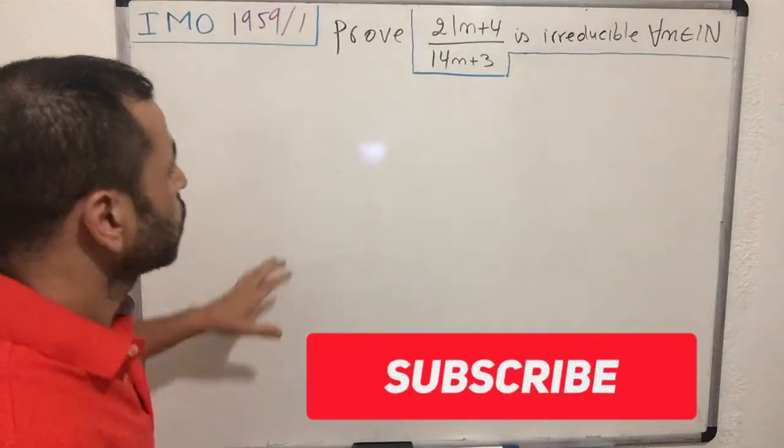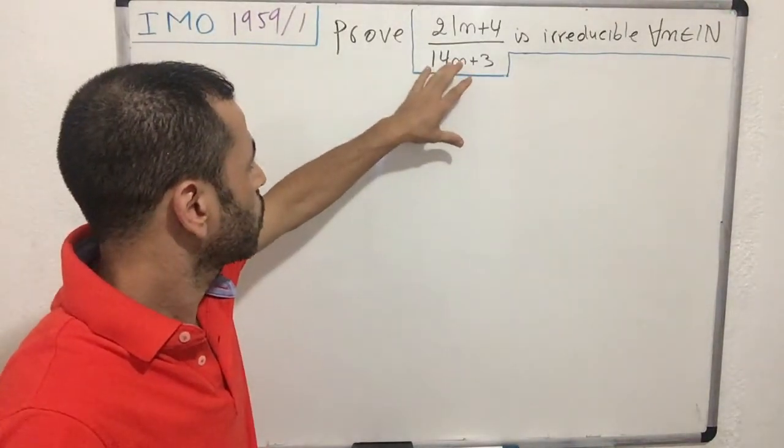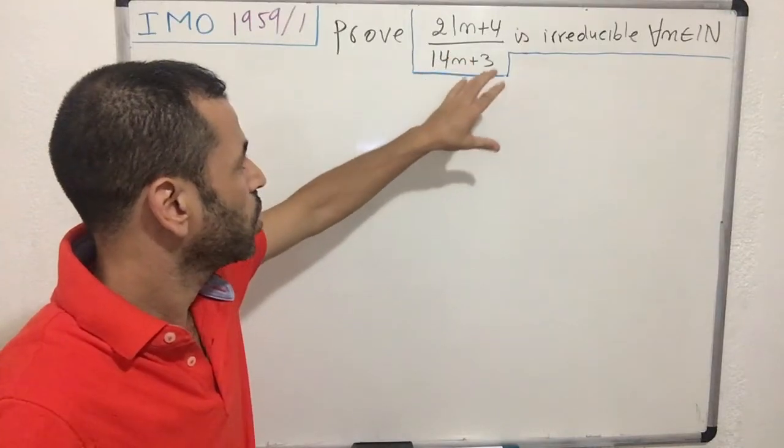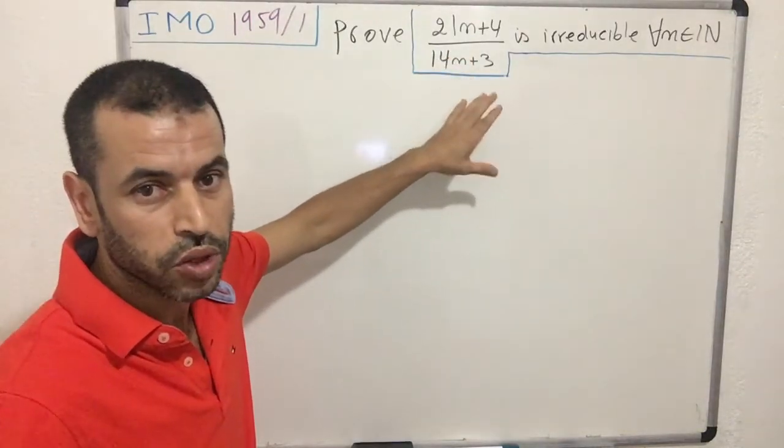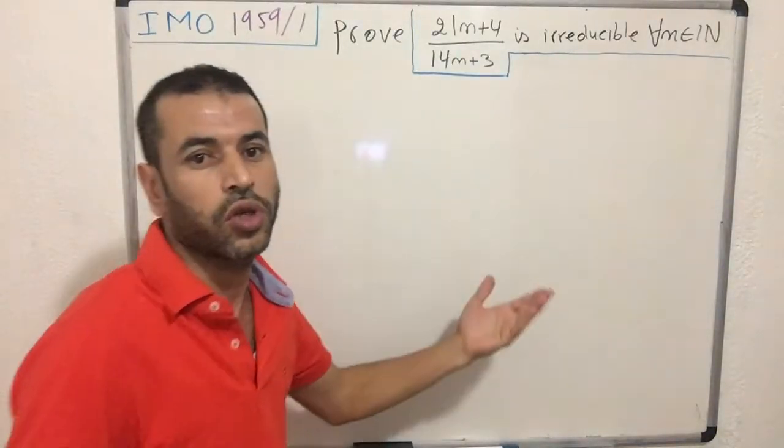So now I'm going to assume this fraction is irreducible, by assumption. Then at the end we find a contradiction.